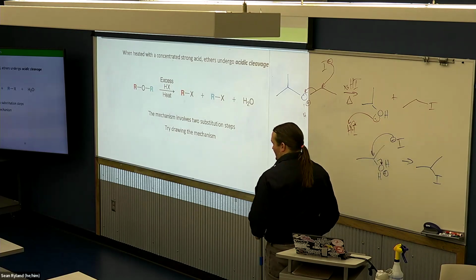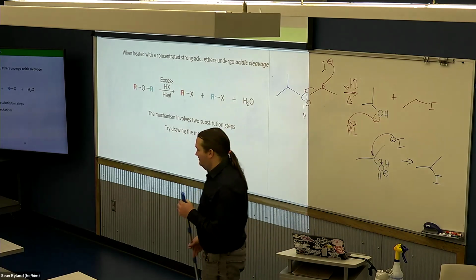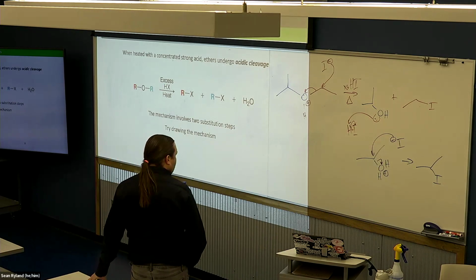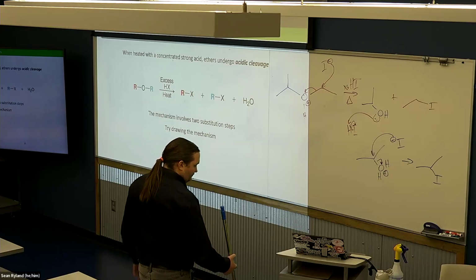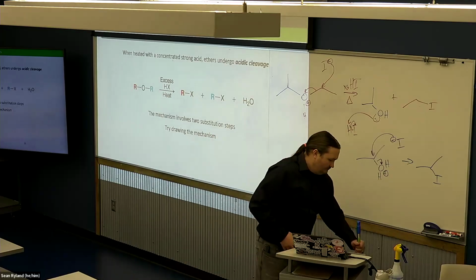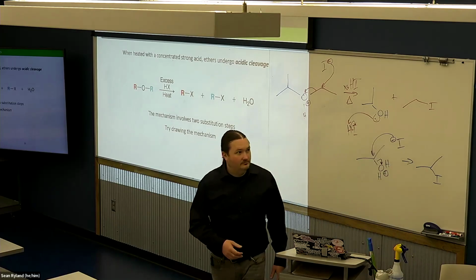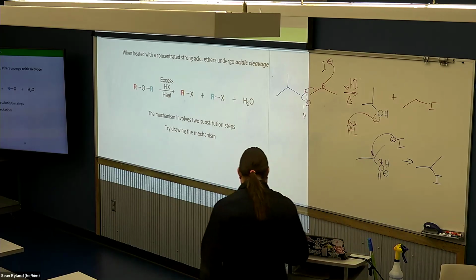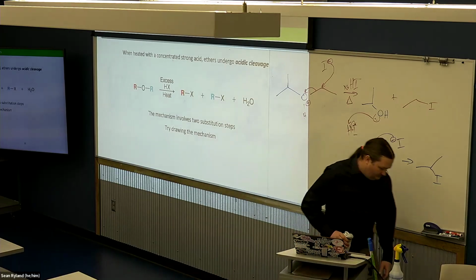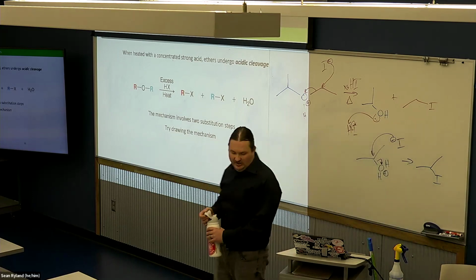The iodine just comes in and pushes the OH off, the H2O. And then we have just plus H2O.